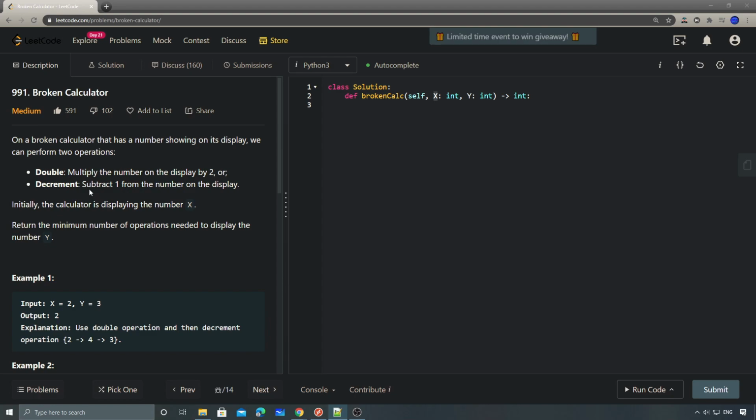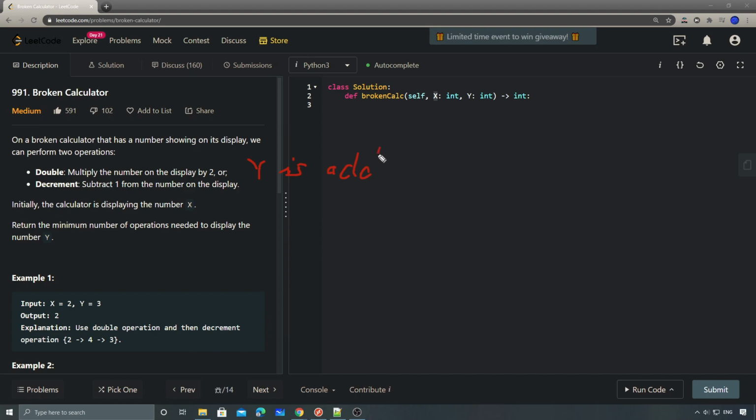What does it mean? It means that we have double and decrease. If y is an odd number, then to be able to change to y, the last step must be a decrement.